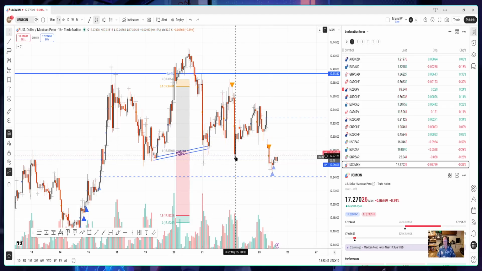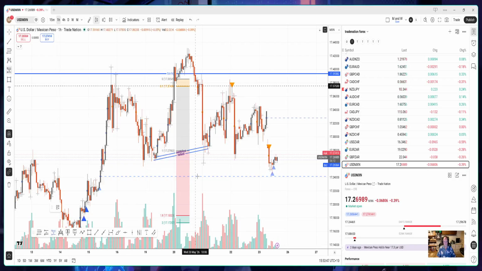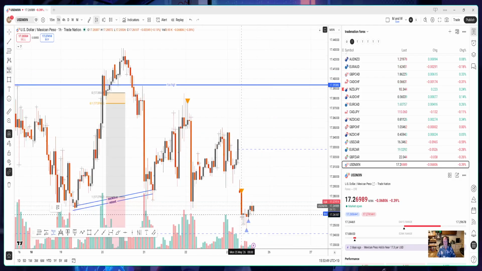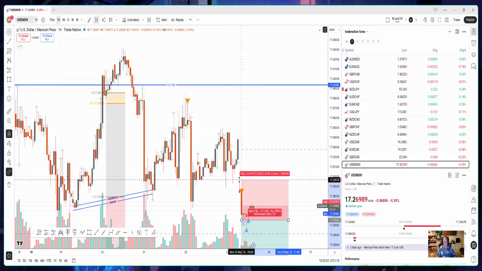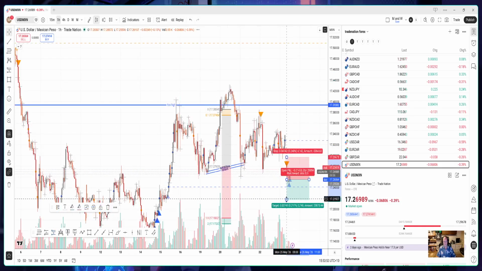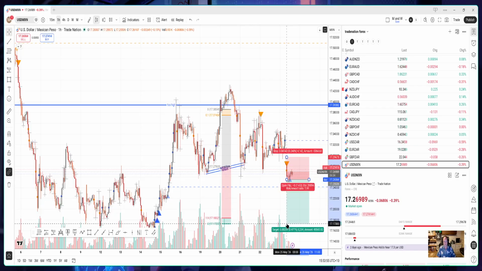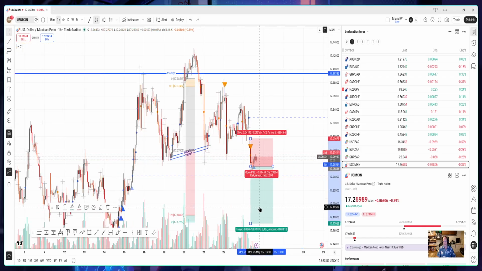But that's your break, close, retest. And then there's a floating engulfer. And I've got to be brave enough to actually do a trade on one of these. That gives you two pips. I mean 2%. And it lets us get in early.